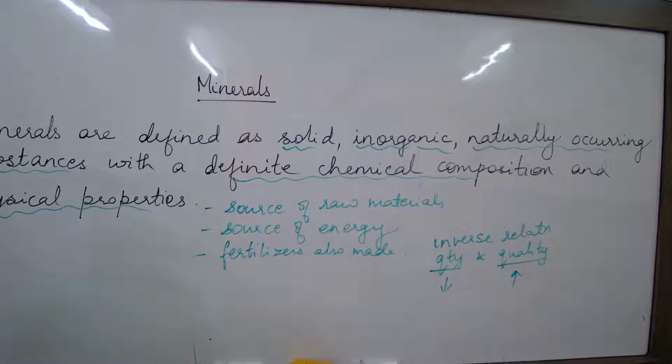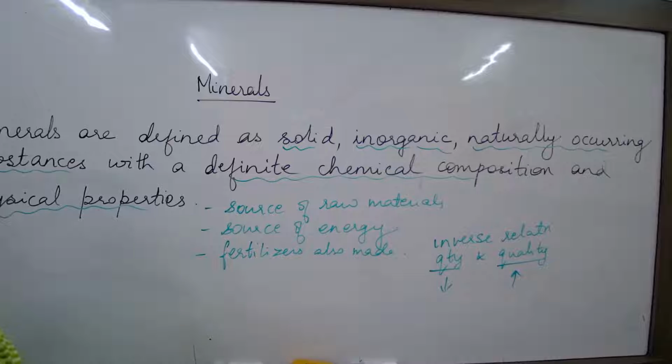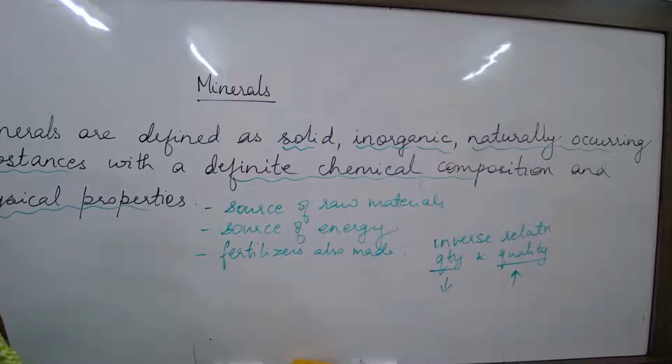Ductility means the capability of a metal to be turned into wire. So, these metallic minerals are usually hard, like for example iron or gold. Malleability means turning into thin sheets.